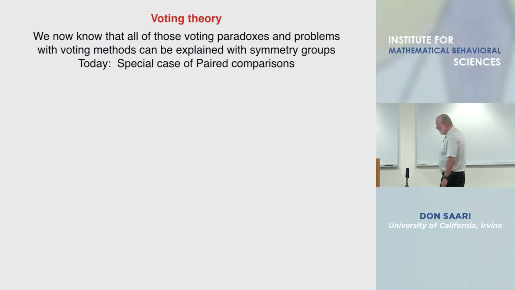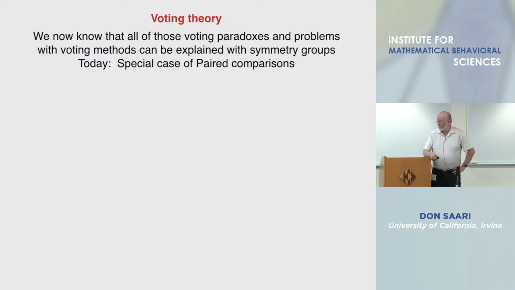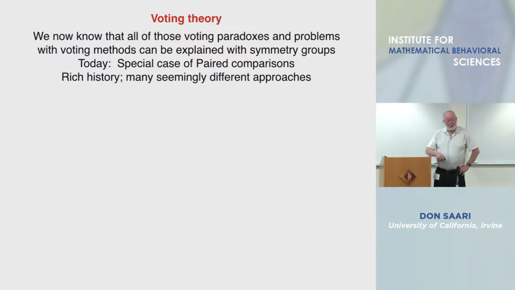I'm going to talk today about a special case of paired comparisons. The reason I'm talking about paired comparisons is that we use it a lot, particularly in Cog Sci, when you have your experiments and you're making paired comparisons with data. So I'm going to talk about that and about its rich history.